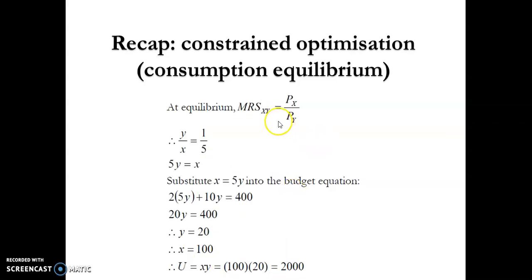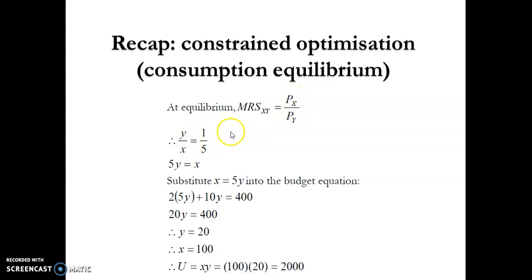From that, you could see that at equilibrium, that is that point of tangency where your indifference curve touches your budget constraint at a point, and at that point, your slope of your indifference curve, which is your marginal rate of substitution, given by the ratio of your marginal utilities, is equal to the slope of the budget constraint.